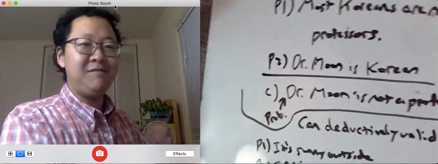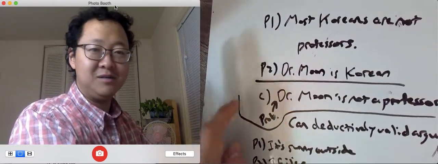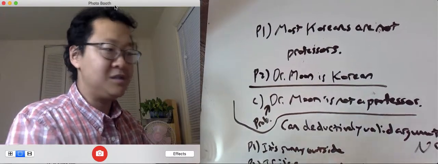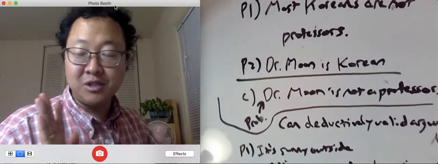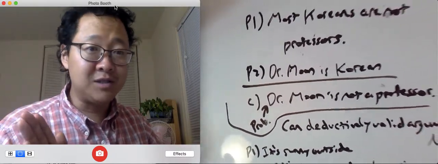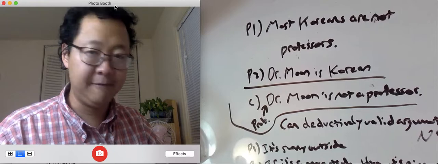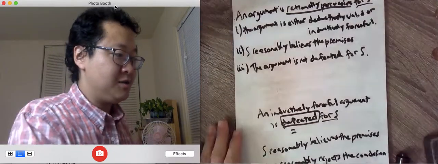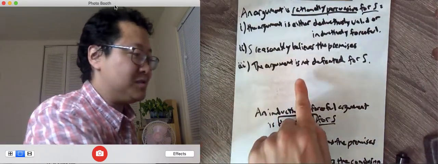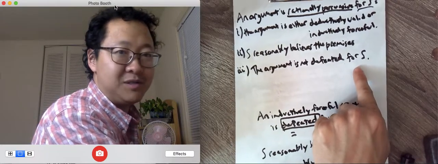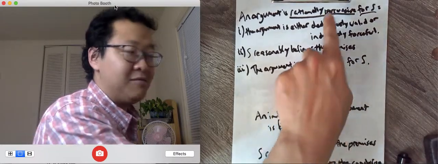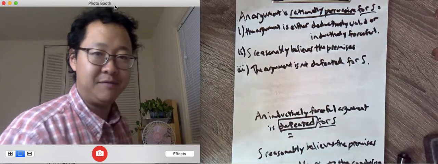Because you guys have extra information that makes the conclusion less probable. So this argument would not be rationally persuasive for you, but it would be rationally persuasive for someone else who doesn't have that extra information. Since whether an argument is defeated is person relative, that's going to make rational persuasiveness person relative.